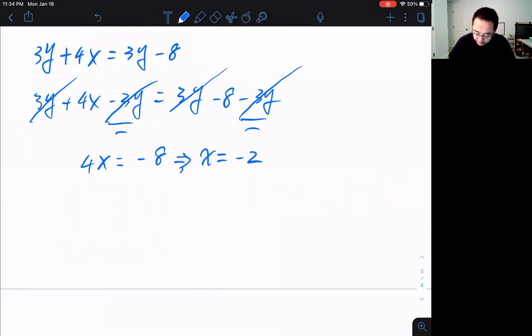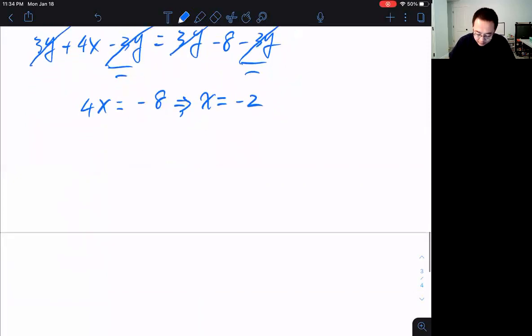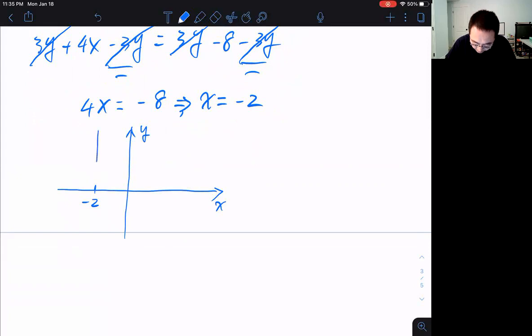So clearly, with x equals -2, what does that look like? Well, I'm not going to change it back to the engineering paper. I'm just going to draw it like that. So if this is x, this is y, and this is -2 on your x-axis, then x equals -2 is going to be a vertical line that is parallel to your y-axis.